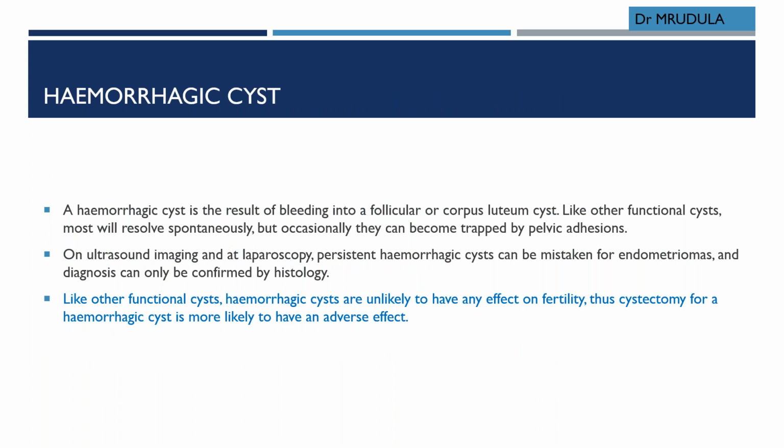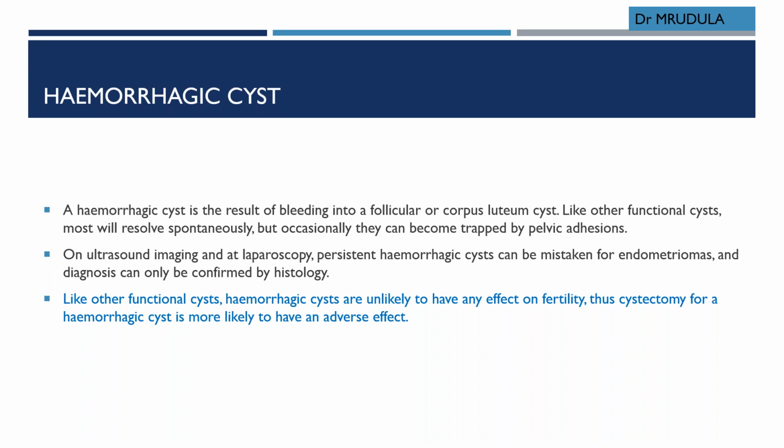Coming to the hemorrhagic cyst. A hemorrhagic cyst is the result of bleeding into the follicle or corpus luteal cyst. They also resolve mostly spontaneously, but sometimes they can become trapped by pelvic adhesions.